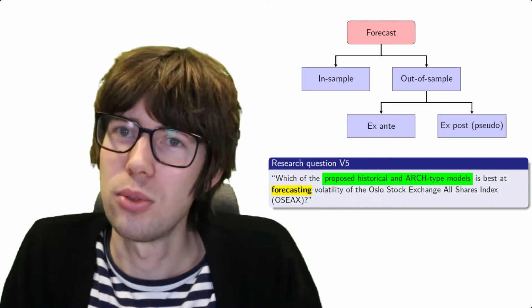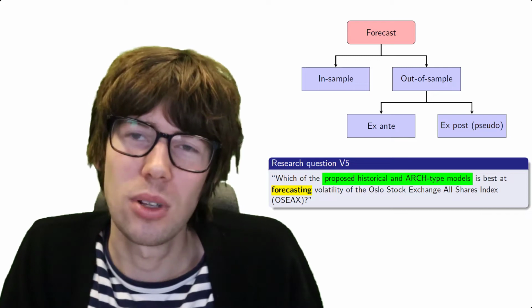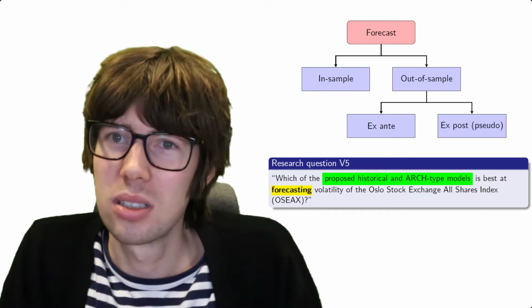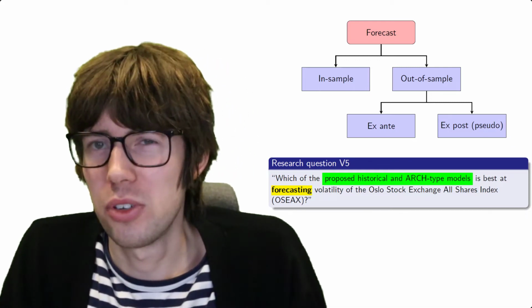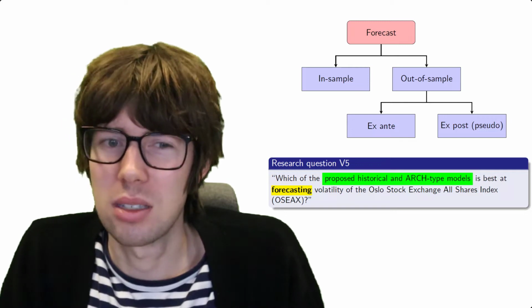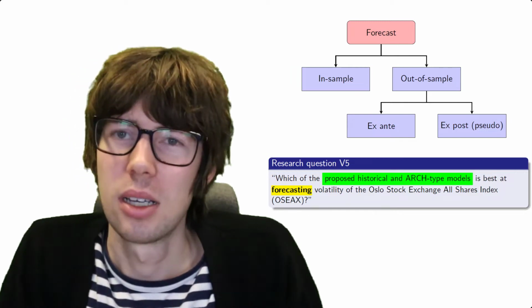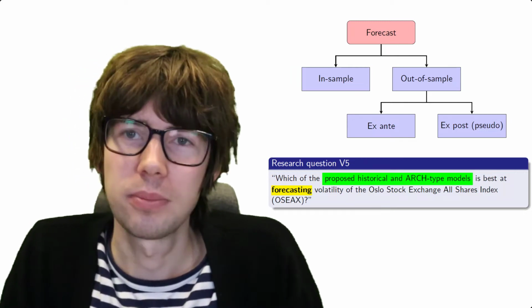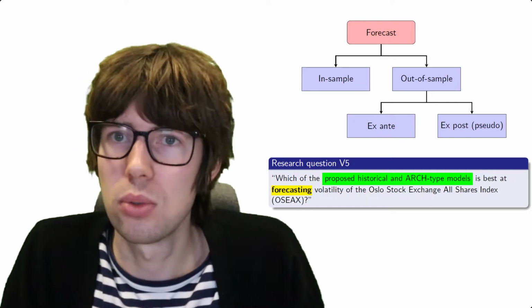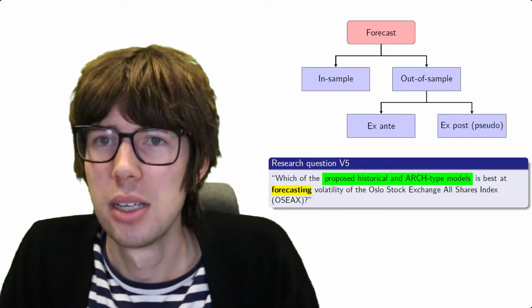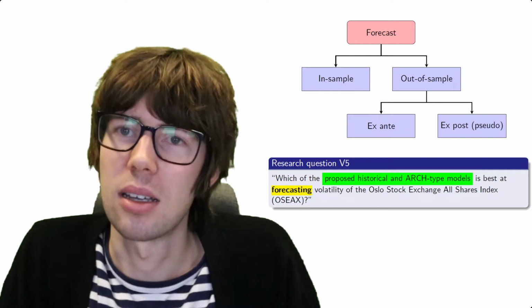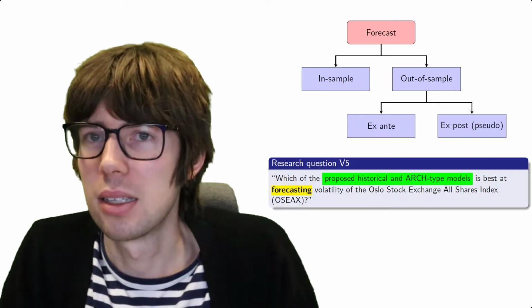So no, I'm not going to do in-sample, or I didn't do in-sample, I did out-of-sample. But saying that I'm doing out-of-sample is not sufficient either, because out-of-sample comes in two categories. You have the ex-post or pseudo out-of-sample forecasting, and you have the ex-ante out-of-sample forecasting.